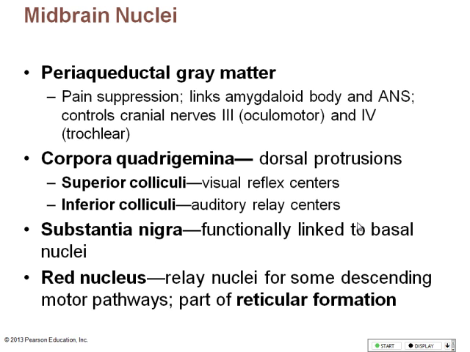So, in those midbrain regions, we're also going to have groups of nuclei that are going to do some processing for us as well. So we have links to the amygdaloid bodies for the autonomic nervous system functions, automatic control. We also have some groups of nuclei that are going to process things for visual reflexes, for auditory relay centers.